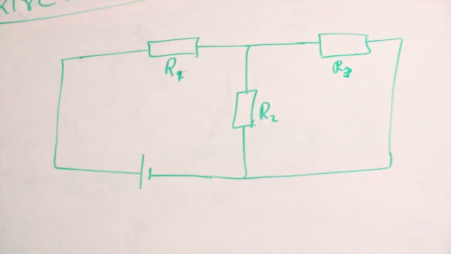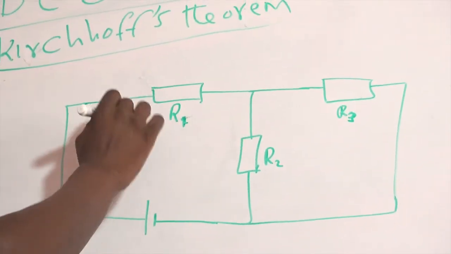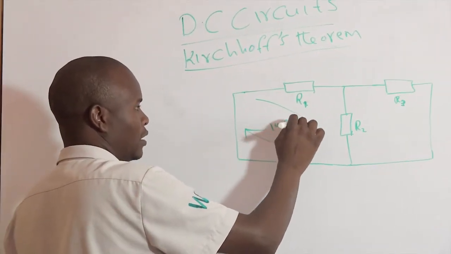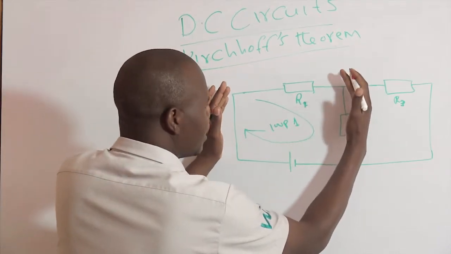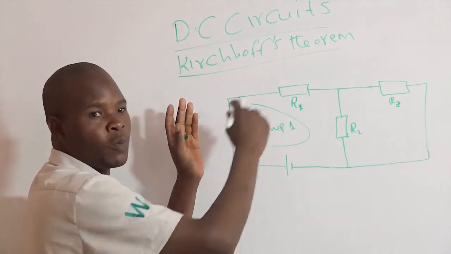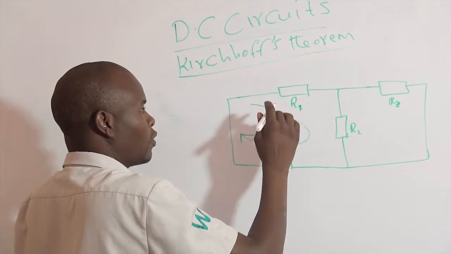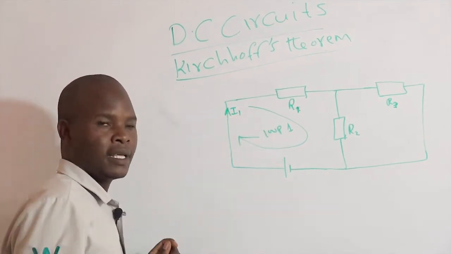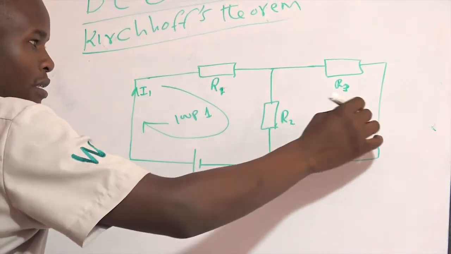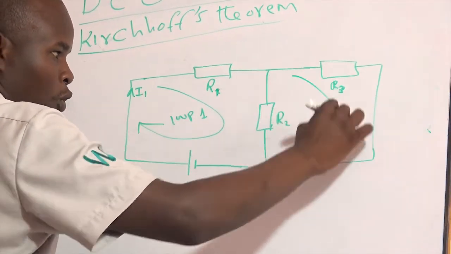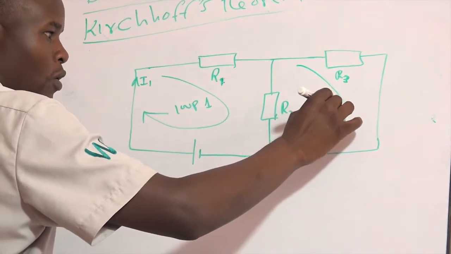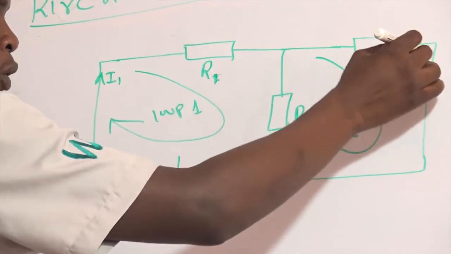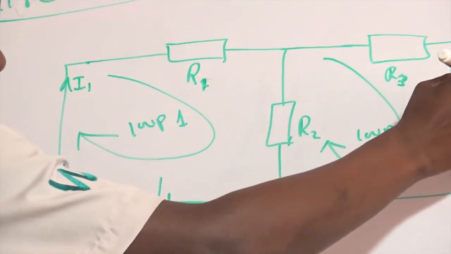Let us assume that this first loop we can call loop 1, because if you consider only this, it is a closed loop. It is complete. Let us call this current I1. And let us call this circuit loop 2, because it is also complete, and let the current across this be I2.